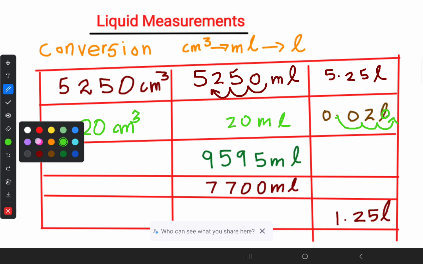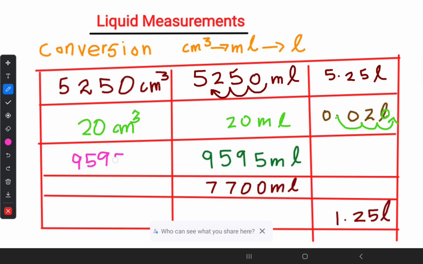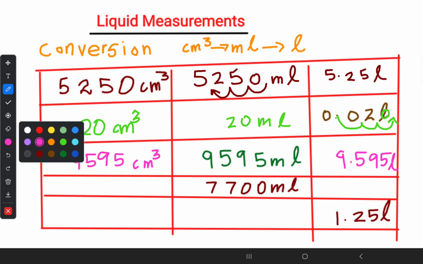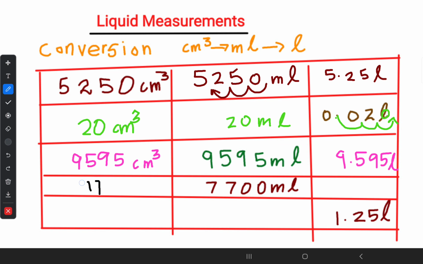And in the third one, 9595 milliliters, in cubic centimeters also 9595 cubic centimeters. And in liters, it would be 9.595 liters. And finally, two more. 7700 milliliters, in cubic centimeters 7700.